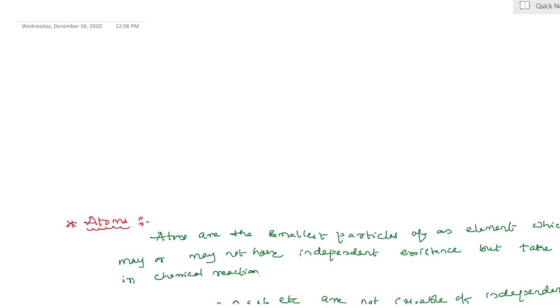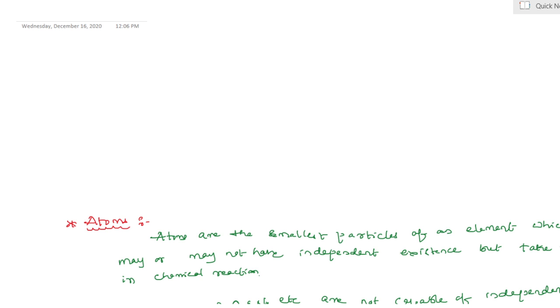It means whenever reactants react together to form products, or elements combine together to form a compound, they do this according to certain laws. These laws are called laws of chemical combination.